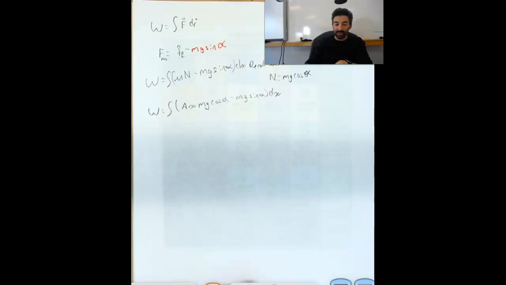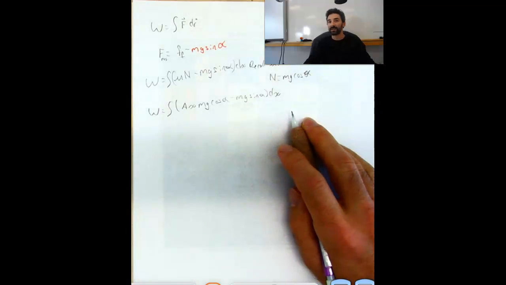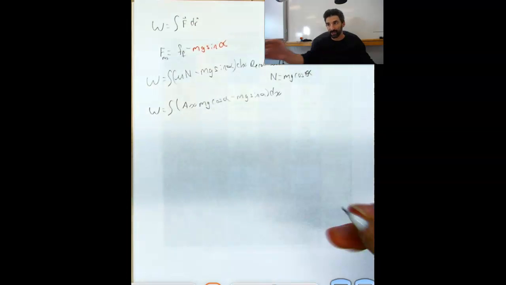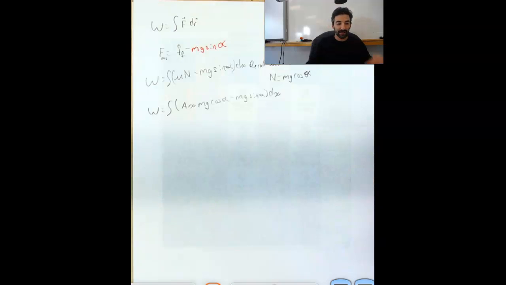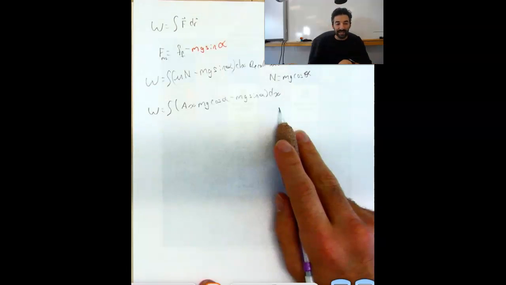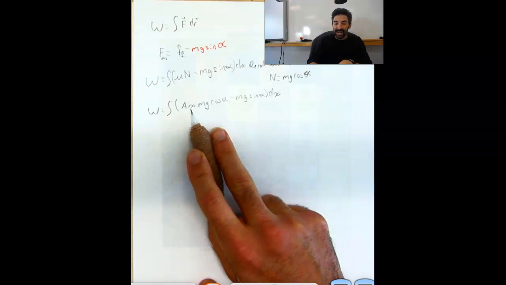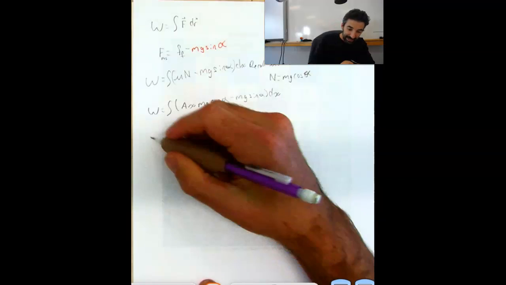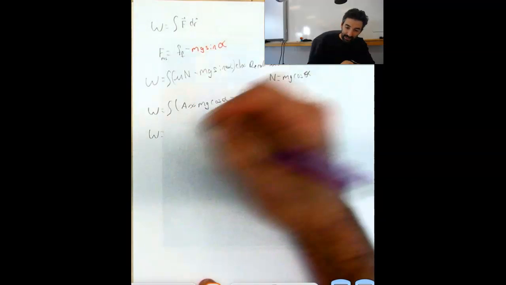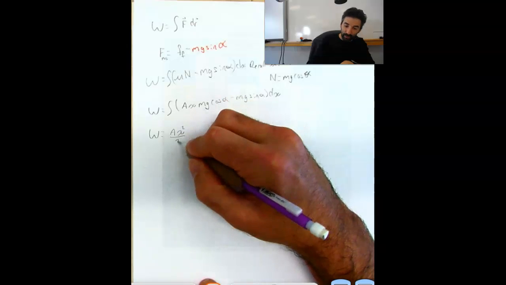So this looks like it's a little complicated, but remember, most of these things are constants, right? I'm looking at the camera, I'm sorry, the screen instead of the camera. Most of these things are constants. So this antiderivative is actually pretty simple. The only thing I'm taking the antiderivative of is this x and mg sine theta dx, this whole thing with respect to x. So work is equal to a as a constant, x squared over 2, right?